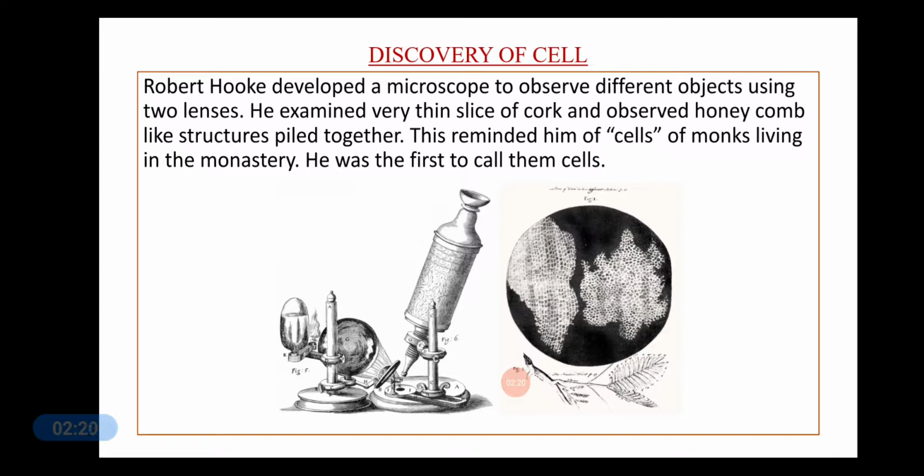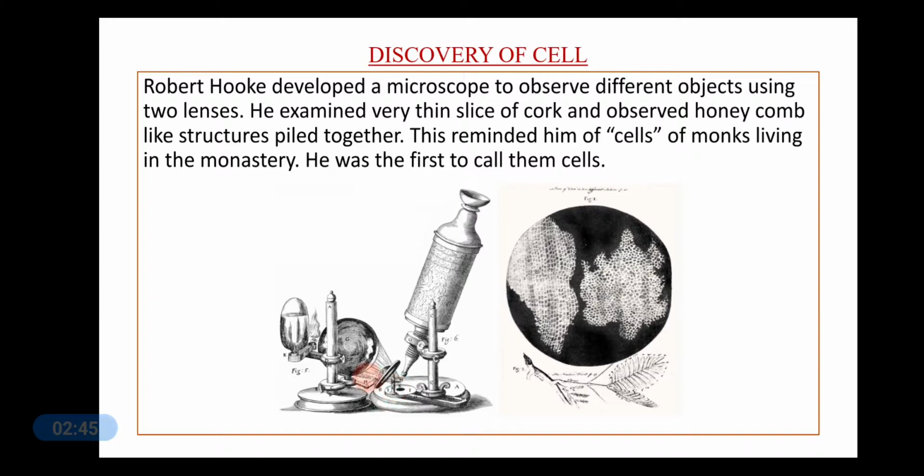Later on, Robert Hooke developed a microscope to observe different objects using two lenses. He examined a very thin slice of cork. Cork is the bark of trees. He took a very thin slice of cork and put it under the microscope.